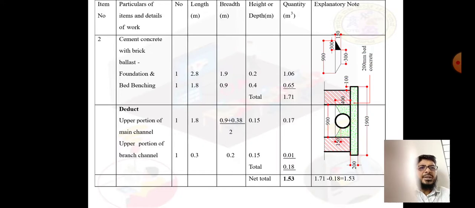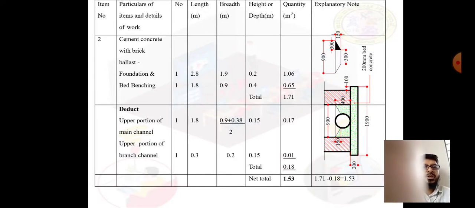So now we will take the average width. The top width is 900 total, and the minimum width where benching will be done is 0.38. So the average is 0.9 plus 0.38 divided by 2, and the thickness of benching is 0.15 meter, the depth of the benching.